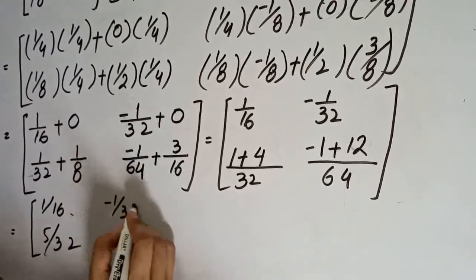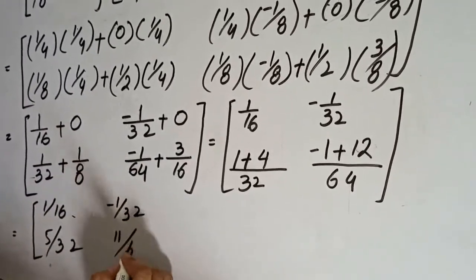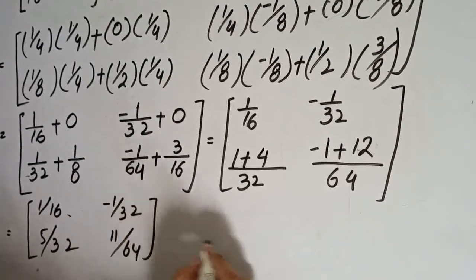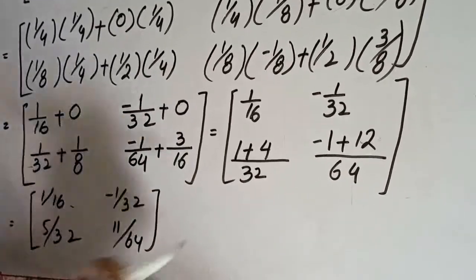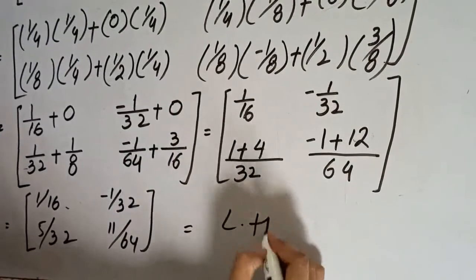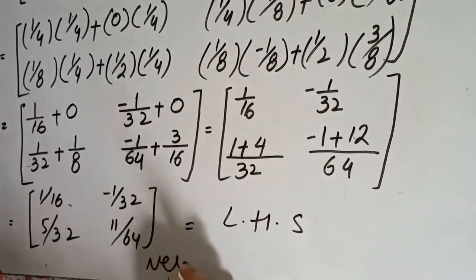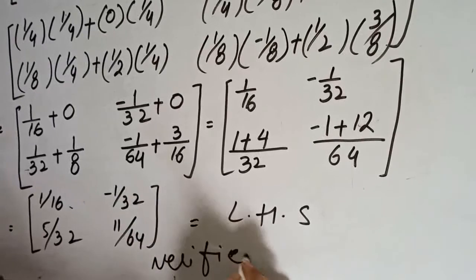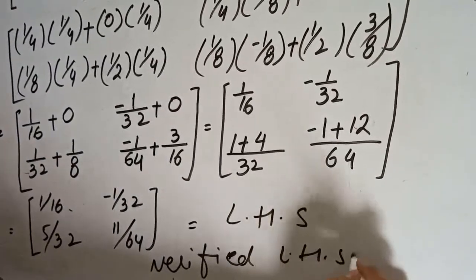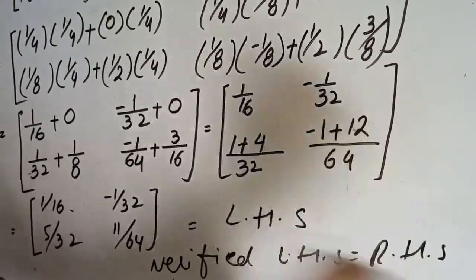Minus 1 by 32, 11 by 64. This is the right hand side and this is equal to the left hand side. So at the end you will write over here: verified, left hand side equals the right hand side.